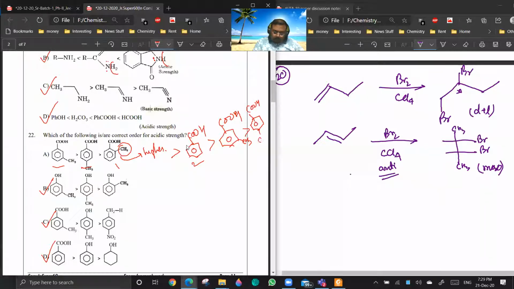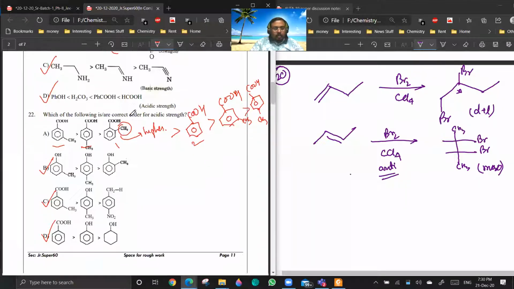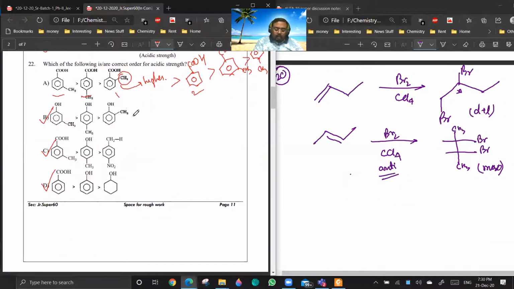Yes, sir. Ortho effect, direct application as well. So you see, ortho effect says that ortho substituted will be more acidic than parent benzoic acid. So from that you can deduce that. Is it clear? Yes, sir. Sir, option C also, please. Option C. You see, in this case, carboxylic acid is there, phenol is there, and CH3 is there.